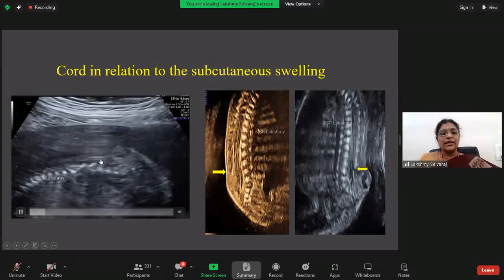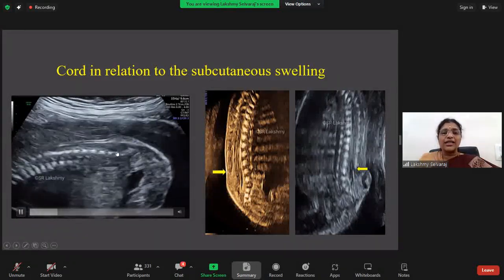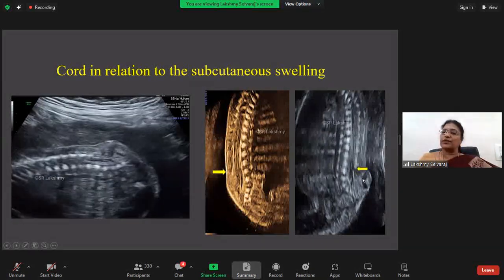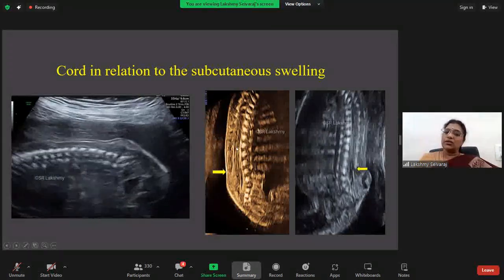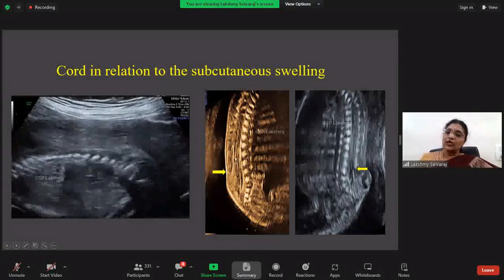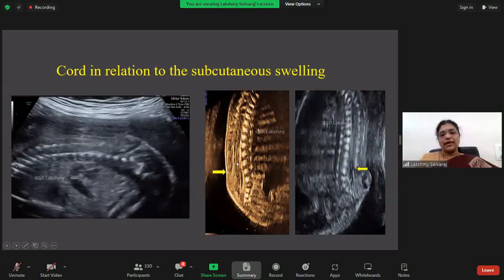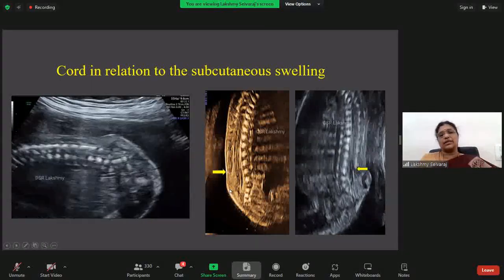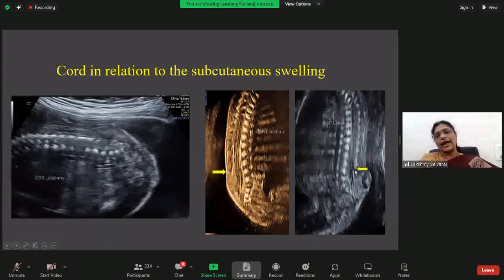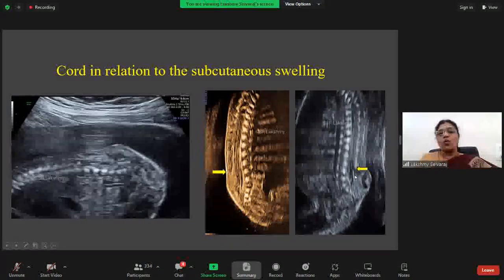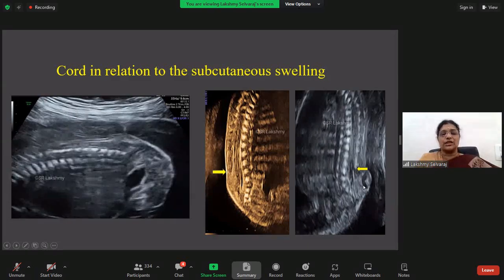But what you see here is the cord actually ascends up to exactly the level of the subcutaneous swelling. So here also, as in the previous case, you cannot differentiate the cord, the conus and the filum terminale. The cord actually gets tethered to the skin here, and goes up to the subcutaneous swelling.